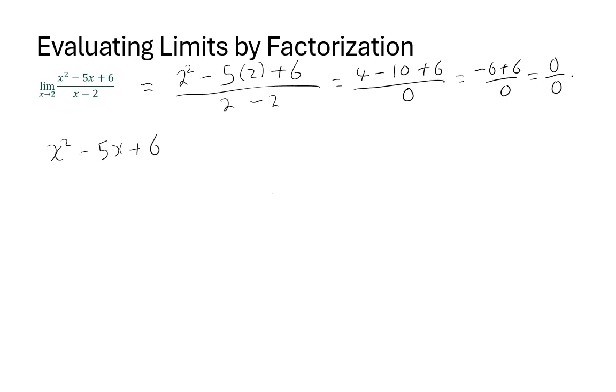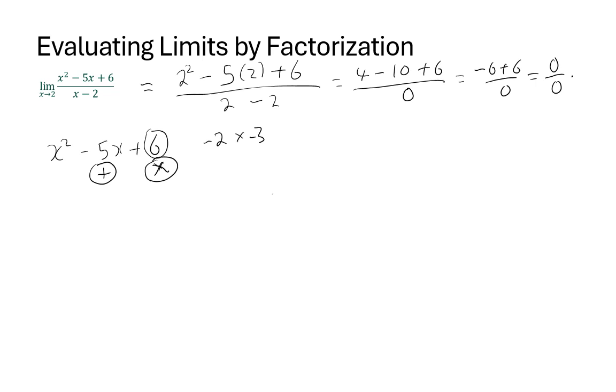We have to find the terms that, if you multiply them, we get 6, and if we add them, we get minus 5. 2 and 3 give us 6, but we need negative. 2 plus 3 will give us 5, but we need a negative 5, so we can say minus 2 times minus 3.